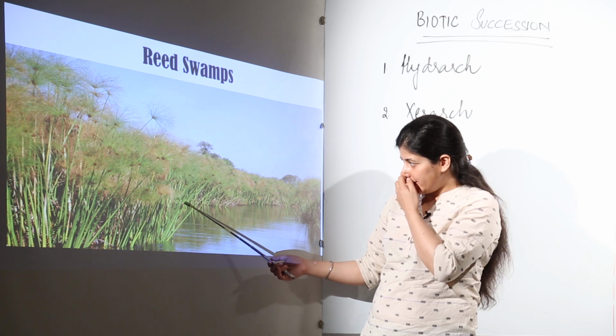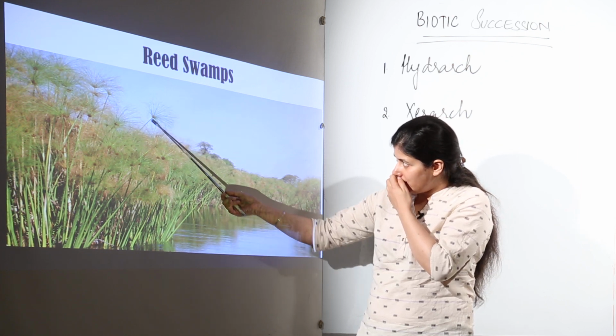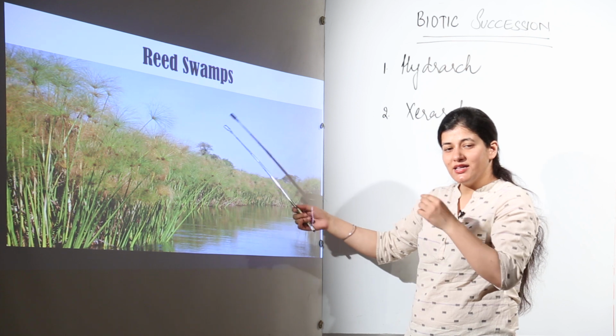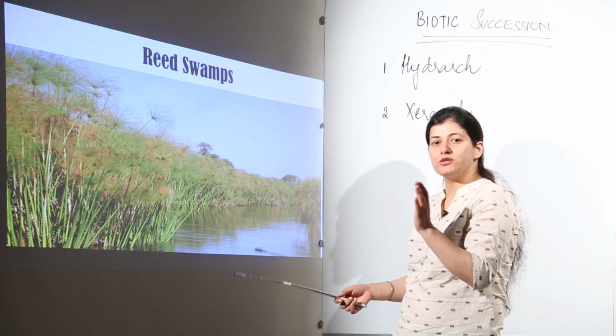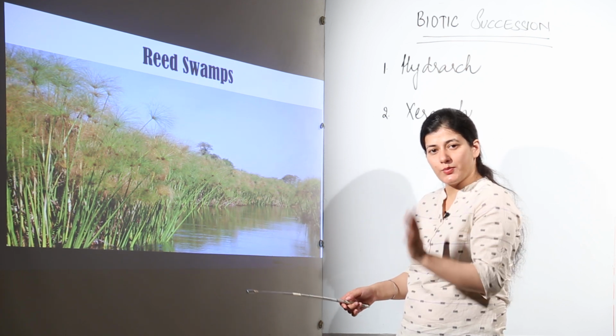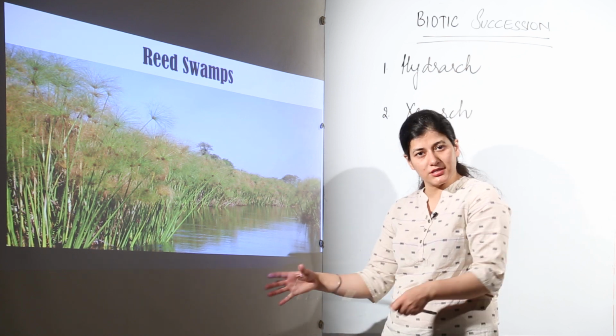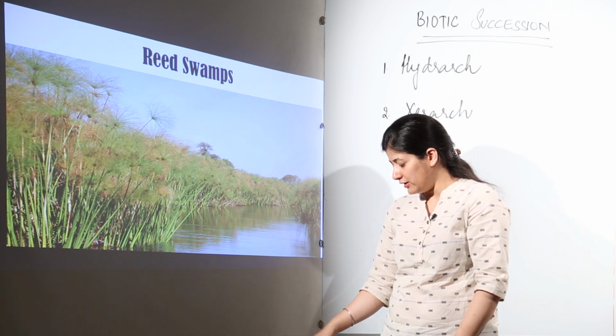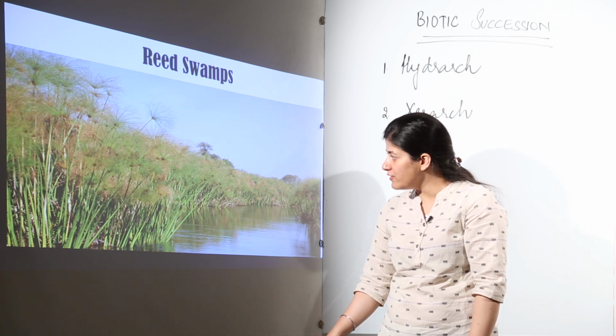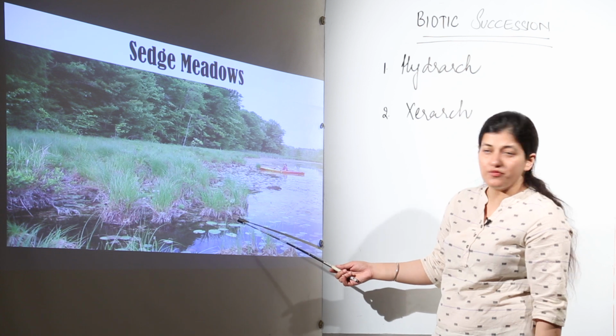In many places you see people playing with these parts, these are reeds, and this is the next stage that follows the free floating hydrophytes whenever succession is taking place. Now the reed swamps would grow for certain time in the given water body, and they would pave the way for growth of sedge meadows.